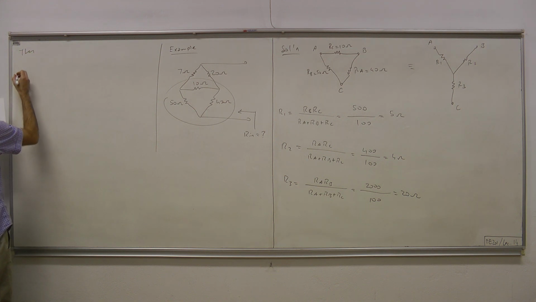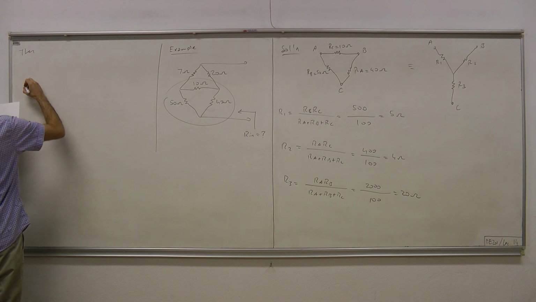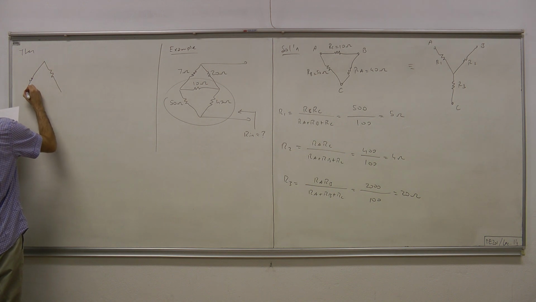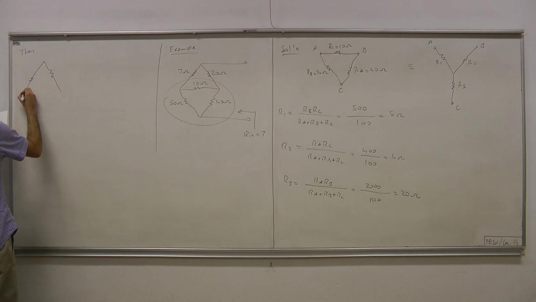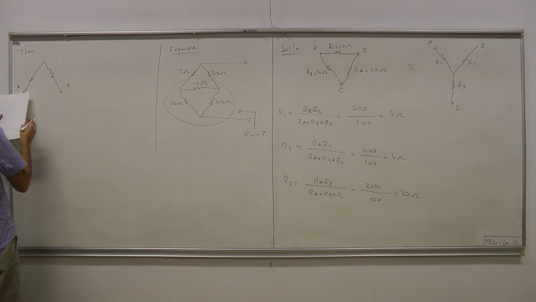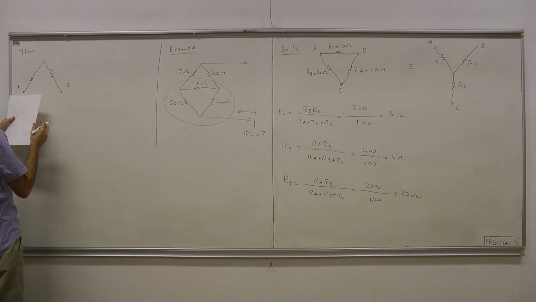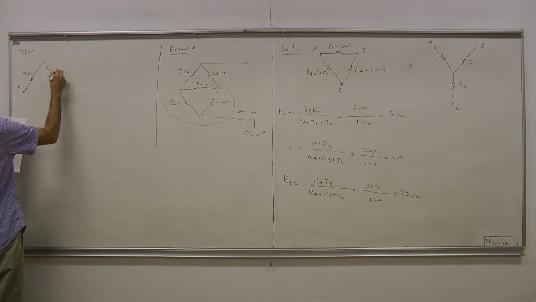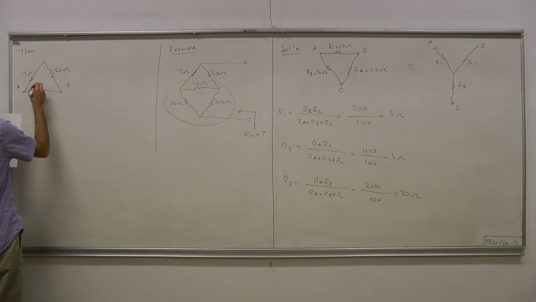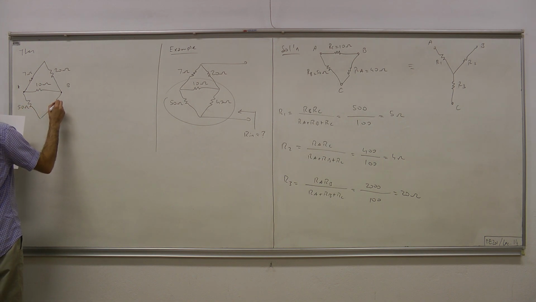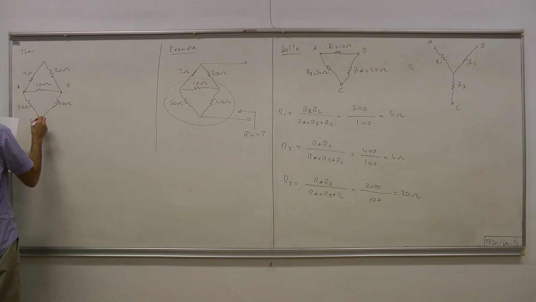Then we have, this was A, this was B, and we had C. 7 ohms, 20 ohms, 10 ohms, 50 ohms, and 40 ohms.